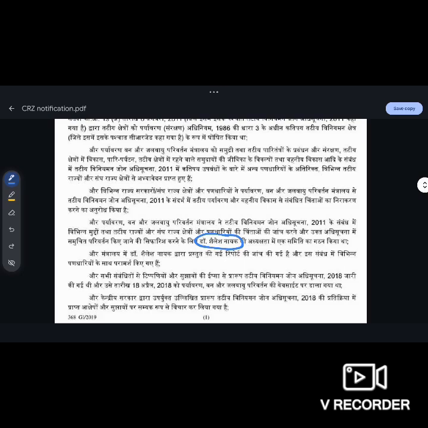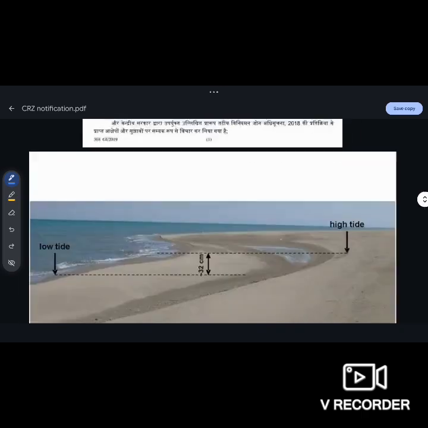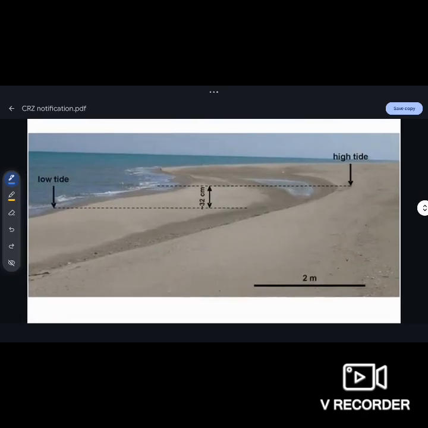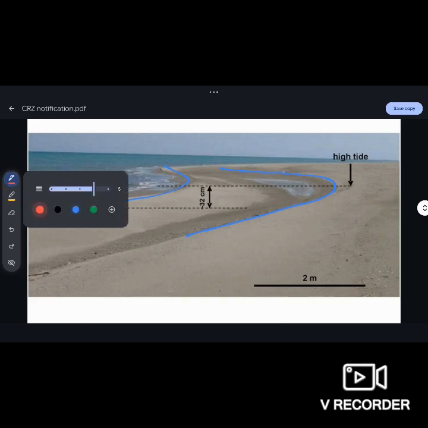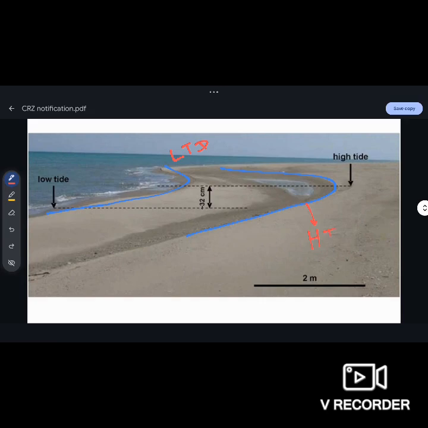Now, firstly, let's take a look at what the high tide line and the low tide line are. In this image, you can see that this is the high tide line and this is the low tide line. We will denote the low tide line with LTL and this one with HTL. LTL is basically the lowest elevation of water level during low tide.